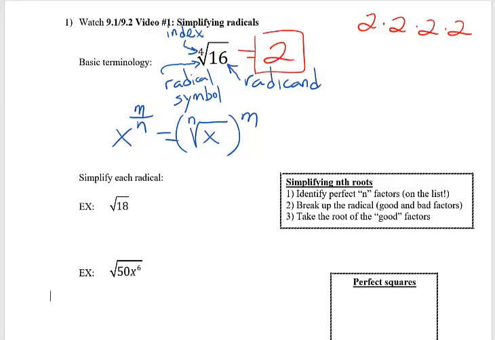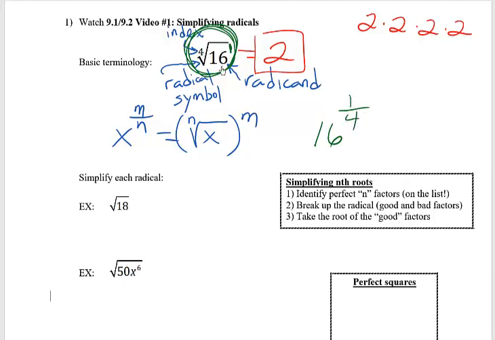That means, for example, in our problem that we had, if I wanted to write that with a fractional exponent, well, let's see, my base is clearly 16. I don't see a power, which of course just implies an understood 1. And I do see a fourth root. And so the top is the power, the bottom is the root.